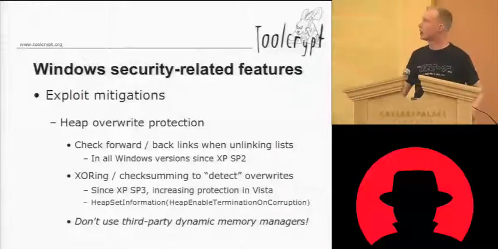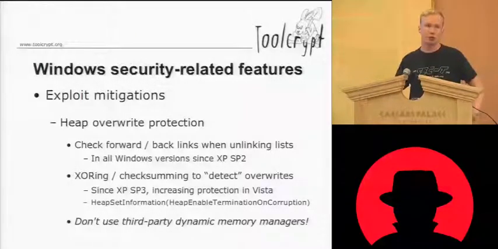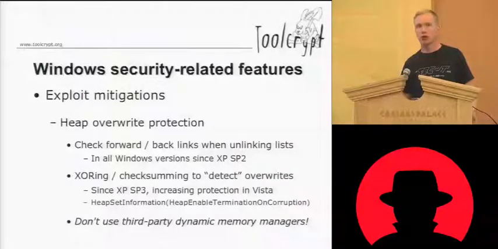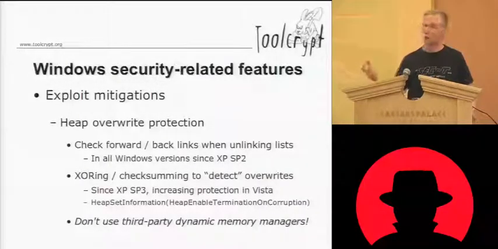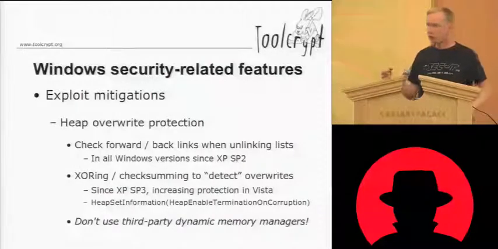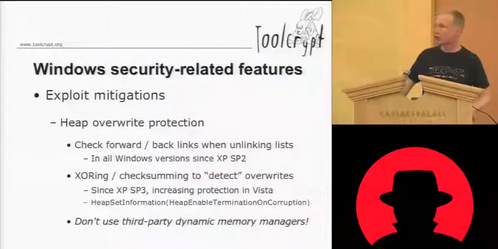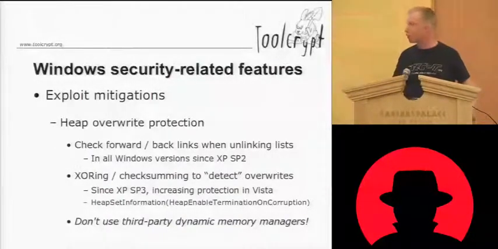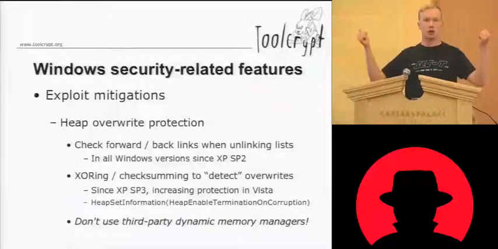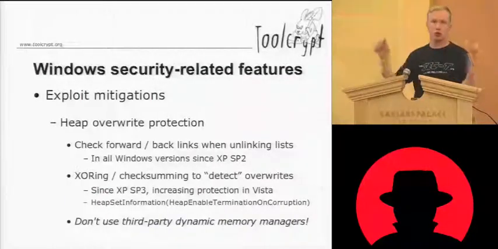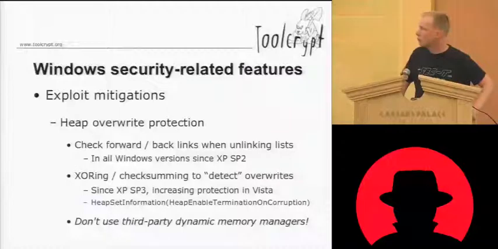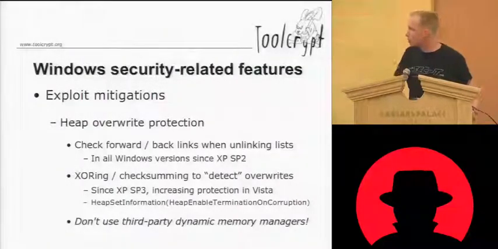And if you can overwrite this metadata on the heap, then you can actually use that to write arbitrary values, overwrite arbitrary values in memory. And an easy check is just to check that the forward and backward links are actually pointing to two chunks that are pointing back to the original chunk to make sure that the links you're following aren't being forged. And that was implemented in XP, so SP2.